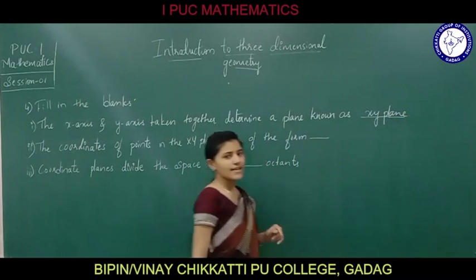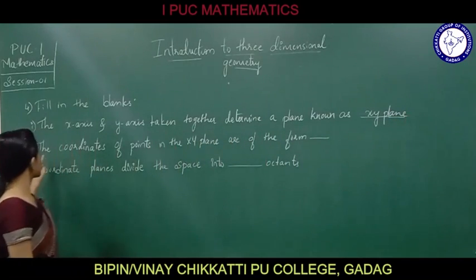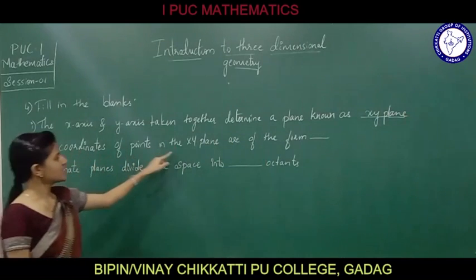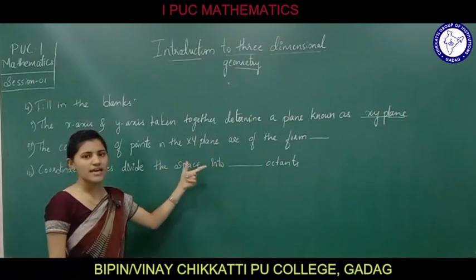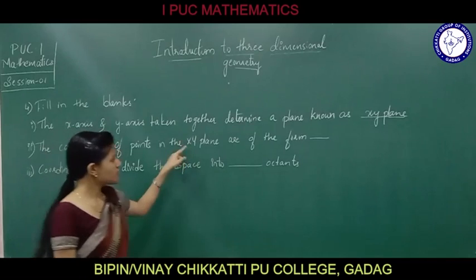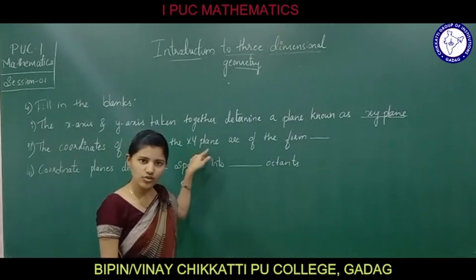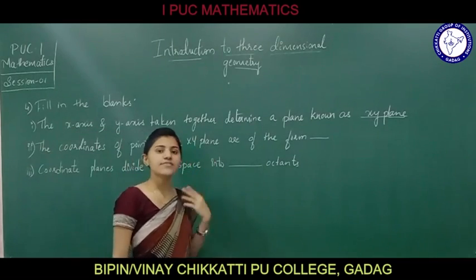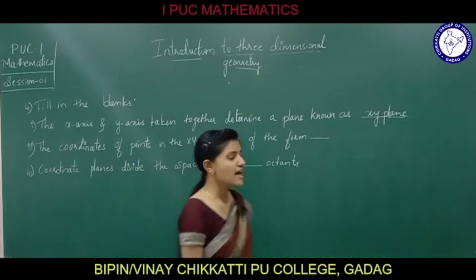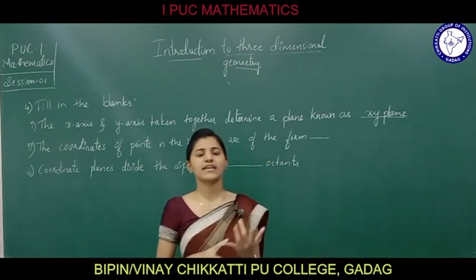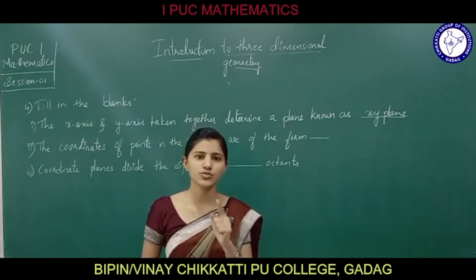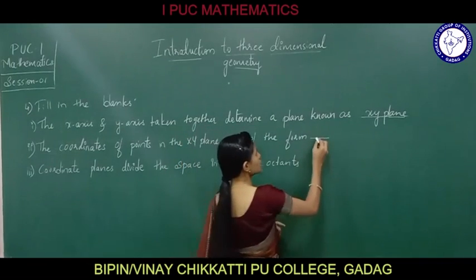Okay. Next, what is the question given? The coordinates of points in the xy plane are of the form. In the xy plane, of course, we are going to get x coordinate and y coordinate. As we were discussing in the previous problem, I said that in the xy plane, the z coordinate will be equal to 0.